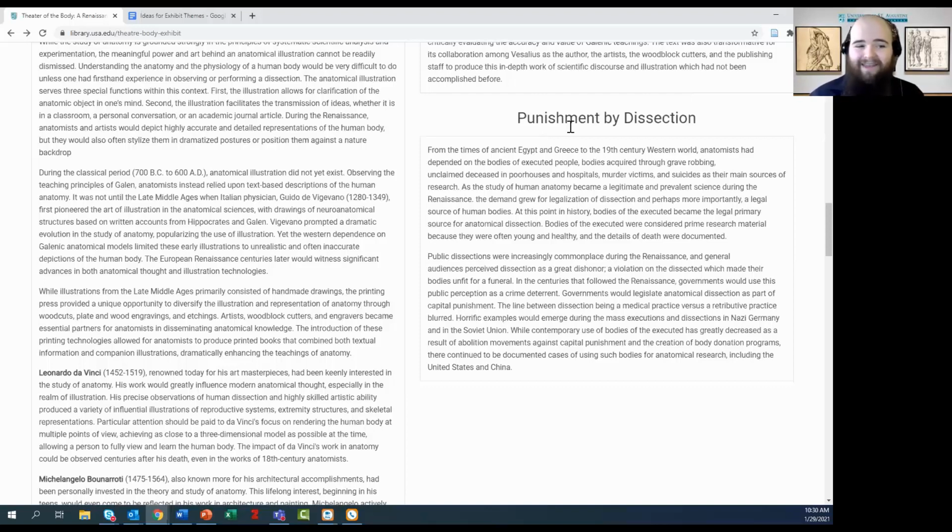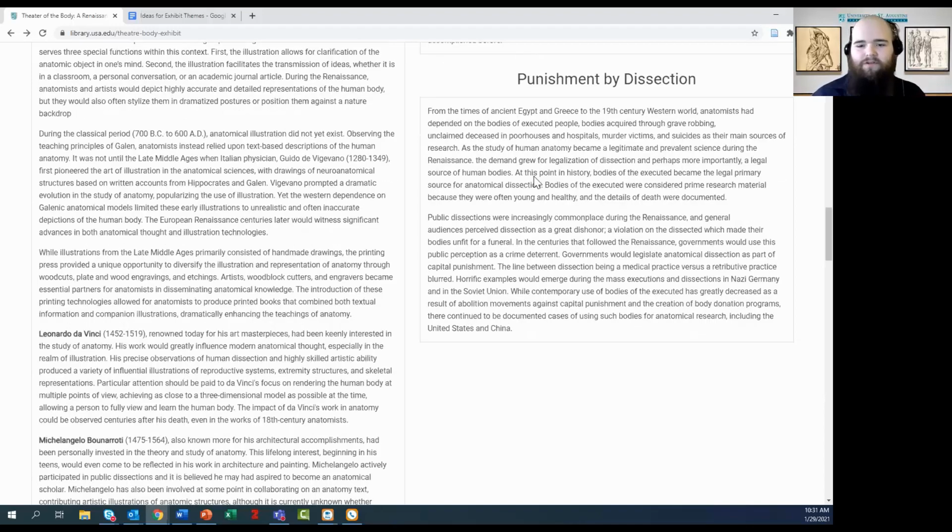But because of that, especially during the Renaissance when it became more in demand to have human dissection and cadavers, governments would actually legislate human dissection as part of capital punishment. So there was a real blur between dissection being a medical practice versus a retributive practice, or criminal justice approach.